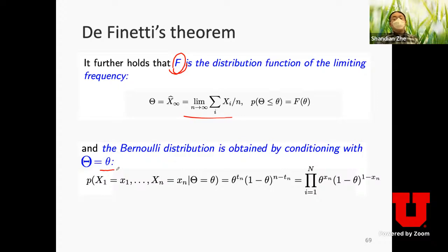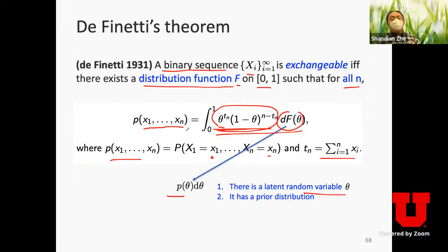So now it's pretty clear that this integral acts as a hierarchical sampling procedure. You first sample the value of theta according to F or according to the density P, it's the same thing. Then, given theta, you use a Bernoulli distribution to sample each observation x1 to xn.